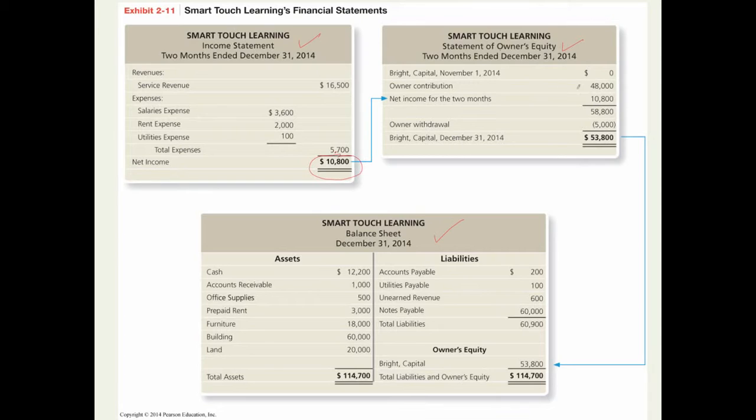Articulation, income goes to the statement of stockholders' equity. The ending stockholders' equity goes to the balance sheet. So we first prepare the income statement. That number is needed in the statement of stockholders' equity. Once we get the ending stockholders' equity, it goes to the balance sheet.